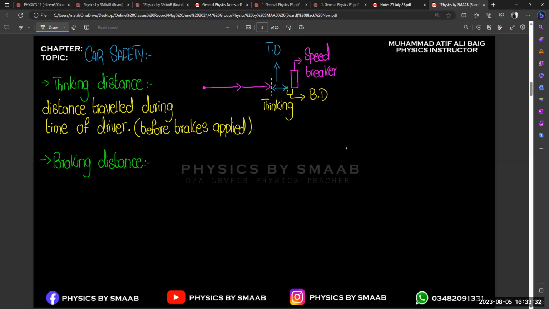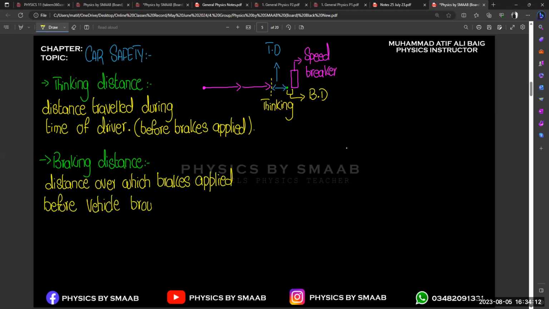So this is your braking distance. And for definition, we can just simply write it as: the distance traveled after brakes are applied for a vehicle to be brought to rest, right?